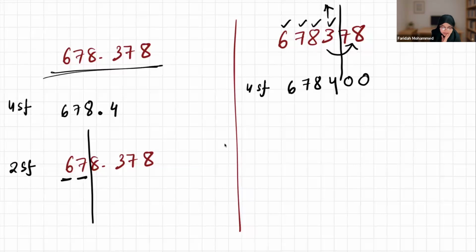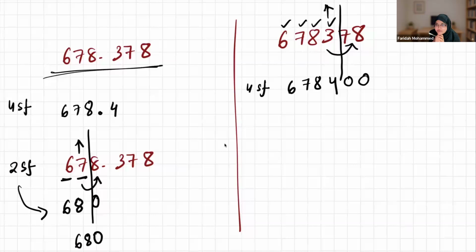Then you look at the next number, 5 and above. This one's going to go up. So you have 6, 8. The number before the decimal, you're going to make it 0. The number after, you just ignore. So your answer, to make it two significant figures, will be 680. Do you see it?